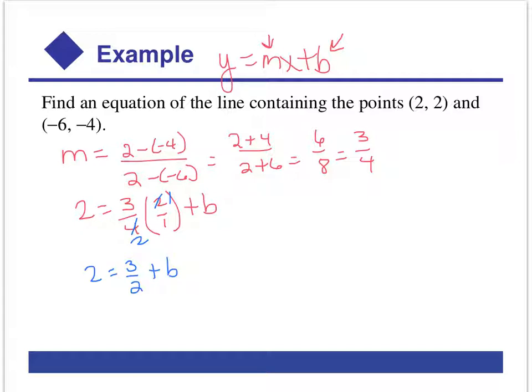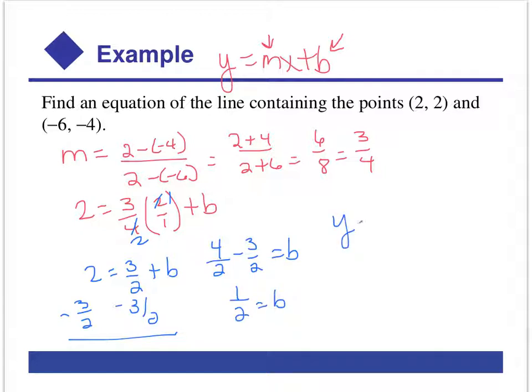When we subtract 3/2 from both sides, we need to do some math. So 4 over 2 minus 3 over 2 equals b. That gives me 1/2 equals b. So the equation of our line is y equals 3/4 x plus 1/2, and we're done.